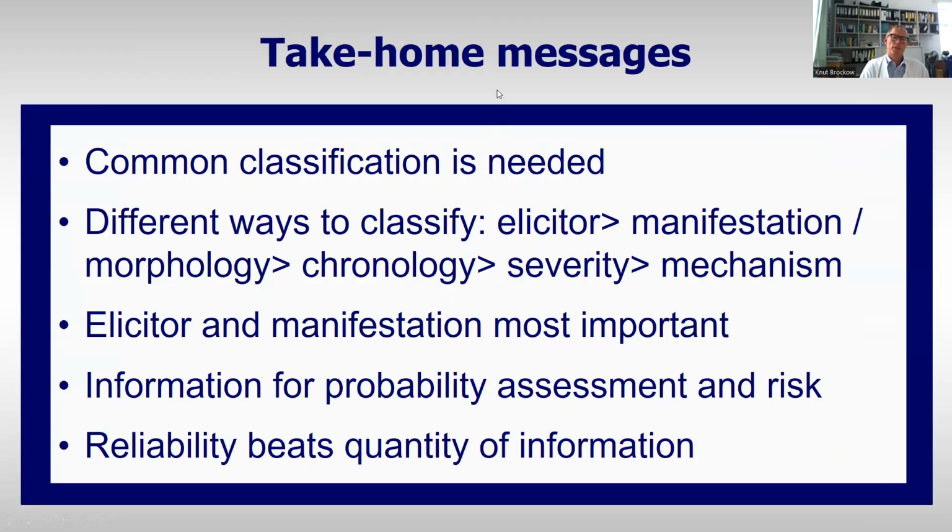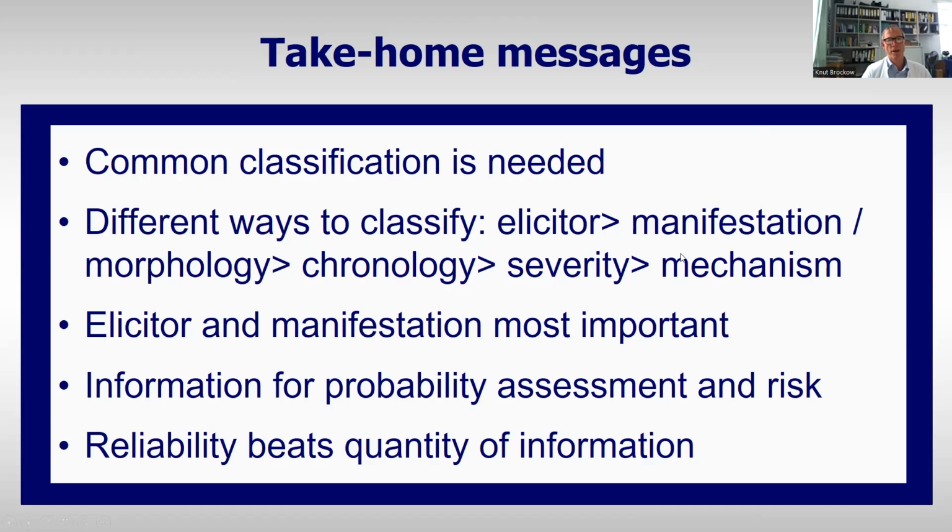So coming to the end of the talk, the take-home messages are that a common classification for drug hypersensitivity is needed. It's not so complicated, but it is important to understand it. There are different ways to classify, which are in parallel and which complement each other.